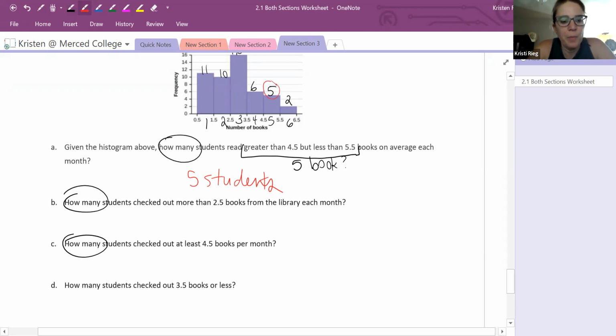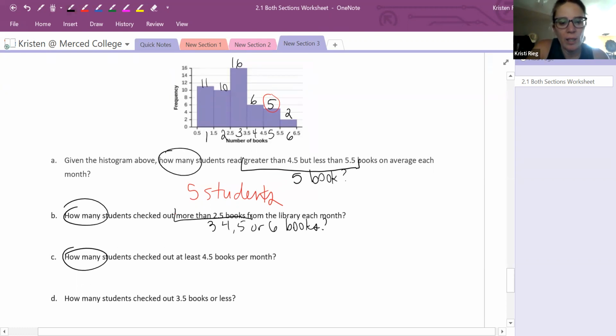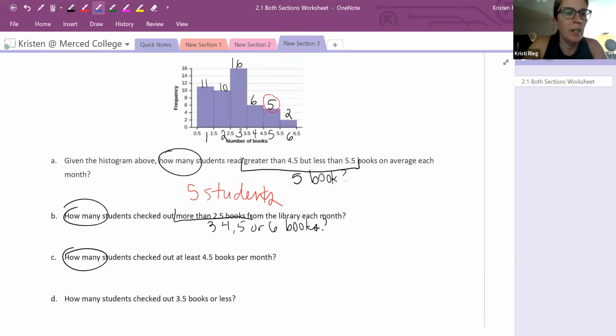How many students checked out more than 2.5? So more than 2.5 would be 3, 4, 5, or 6 books. That's what we're looking for here. More than 2.5 is how many checked out 3, 4, 5, or 6. So I look at my histogram.